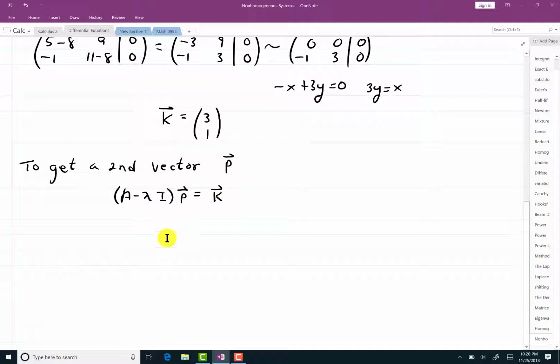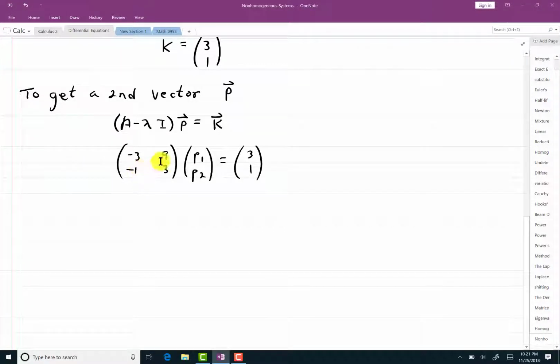Let's throw those in. A minus lambda I I already have up here. I have negative 3, 9, negative 1, 3. P, I don't know what it is, so I'll call it p sub 1, p sub 2. And k we already have is 3, 1. So let's see what happens then.